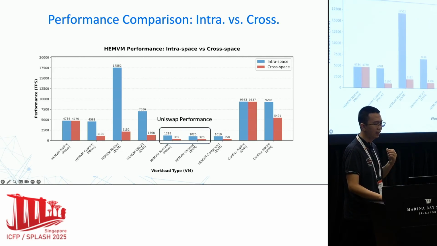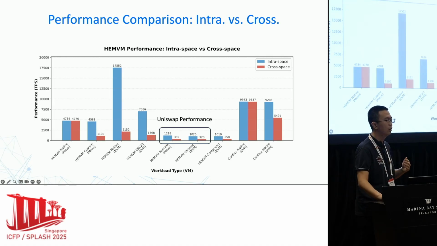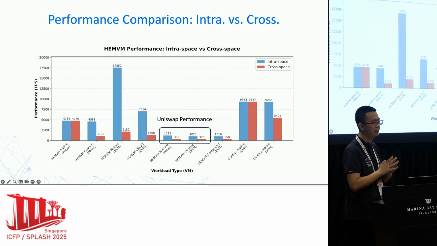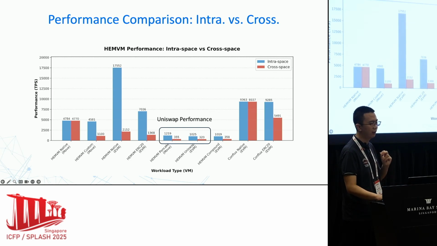And next, there is maybe some interesting insight about DeFi, the Uniswap performance. We deploy the official PancakeSwap implementation on the Move side, and we also deploy the official Uniswap implementation on the EVM side. These two DeFi products have very similar functionality and the same product logic.